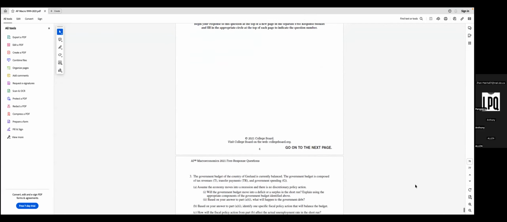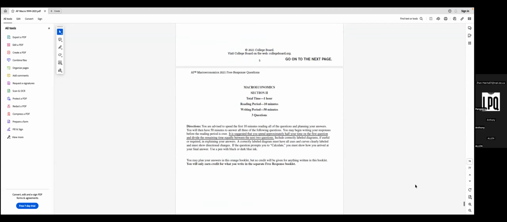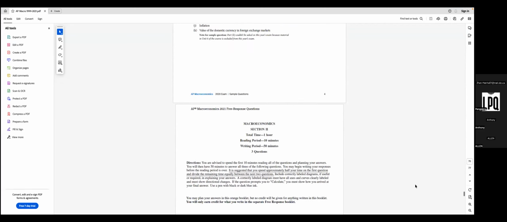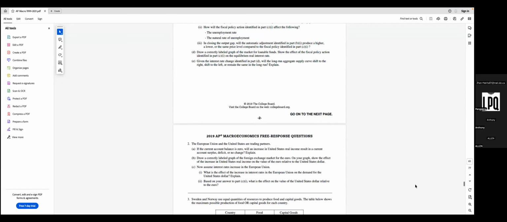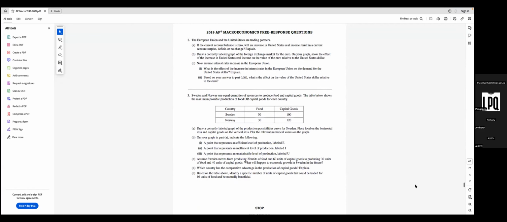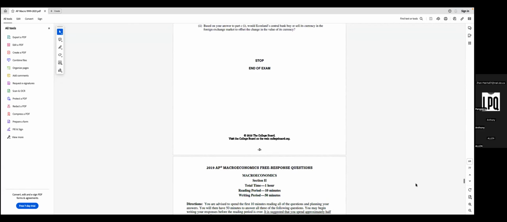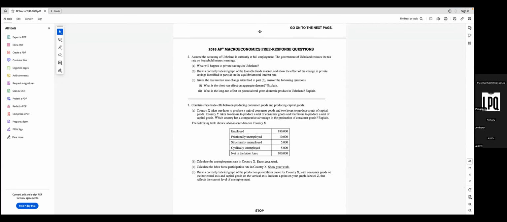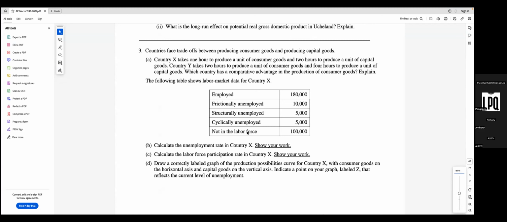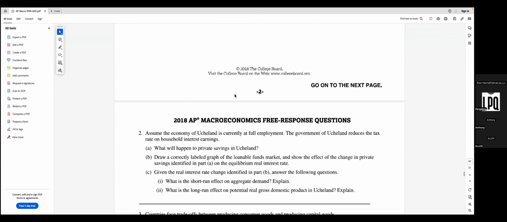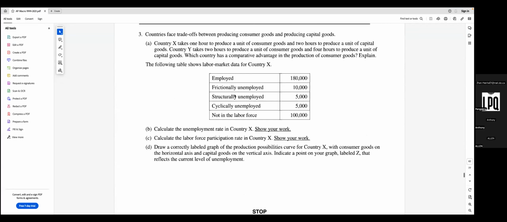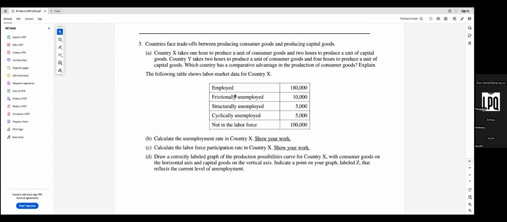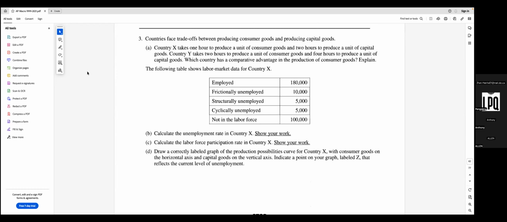Let's do one practical example question to illustrate those two formulas, those concepts we got from the lecture notes. That is 2018 question 3. This is a good question.